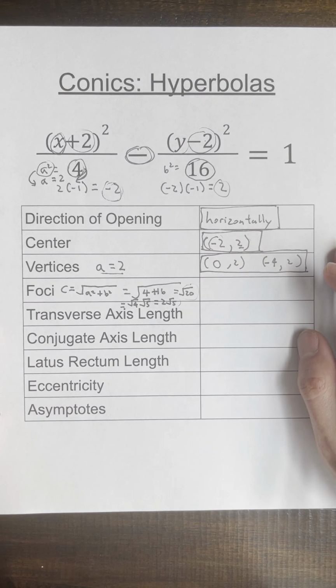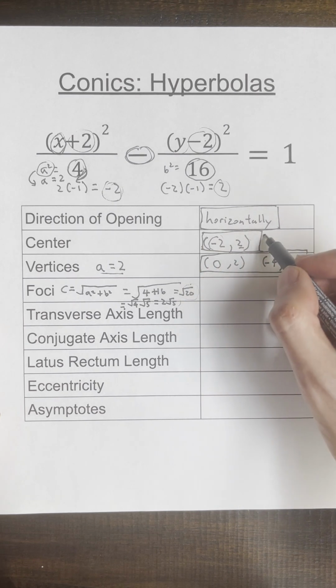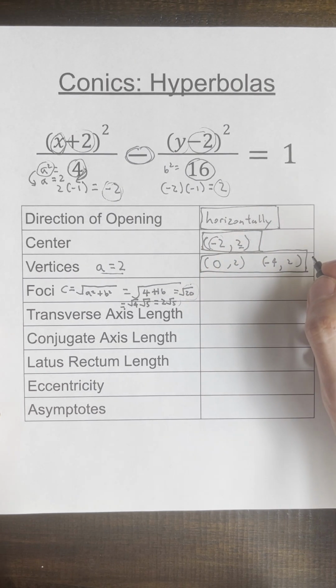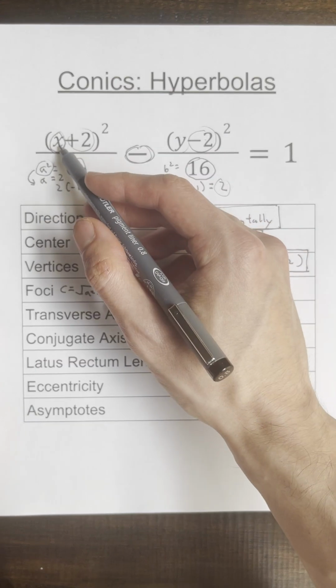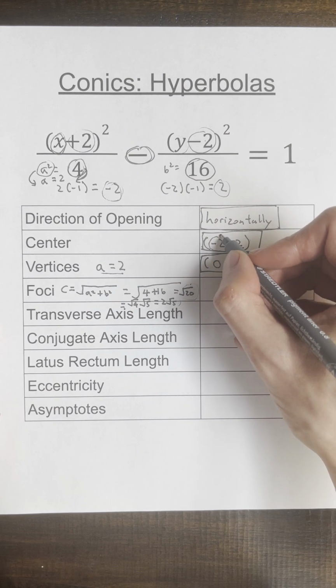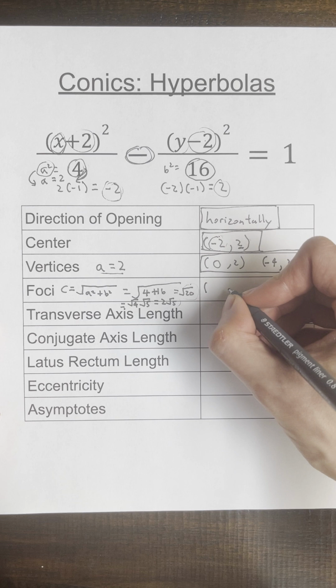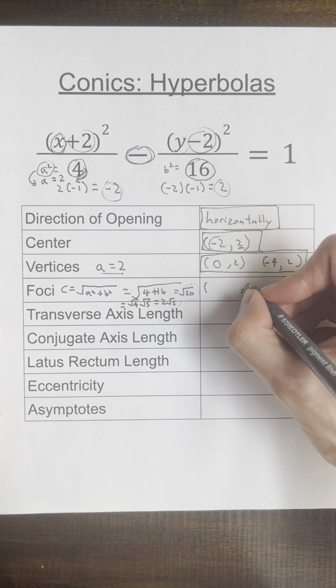Okay, so does the x-coordinate or y-coordinate stay the same? Since x is in front of the minus sign, we have to change x. So the y-coordinate stays the same. Okay.